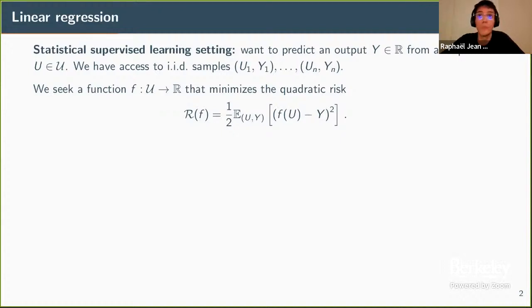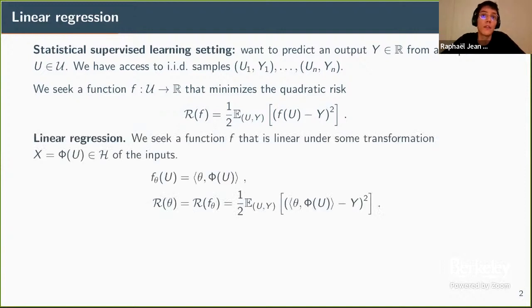So it will be supervised learning. You want to predict an output Y from an input U, and you have access to samples from the joint law of U and Y. You seek a function that minimizes the quadratic risk, which is the average square error between f of U and Y. Today, I will speak only about linear regression, meaning that I assume that the predictors that I seek are linear in some potentially nonlinear transformation of the inputs.